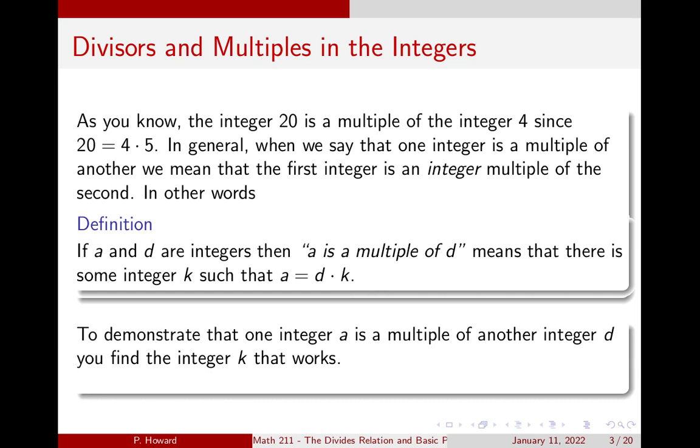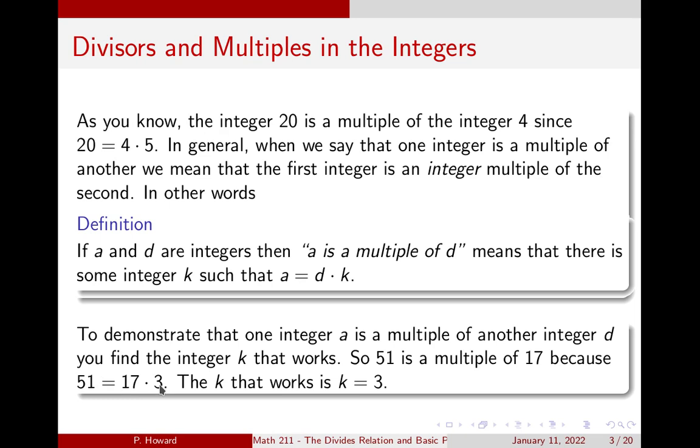When you want to demonstrate that one integer A is a multiple of another integer D, ordinarily you have to find the k that works. So 51 is a multiple of 17, for example, because 51 is 17 times 3. The k that works in this case is 3.